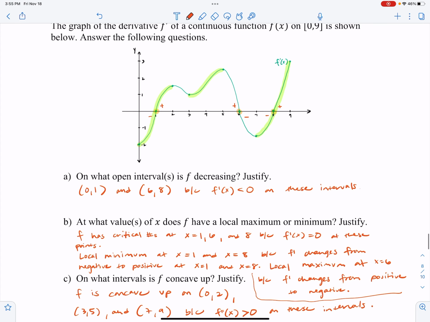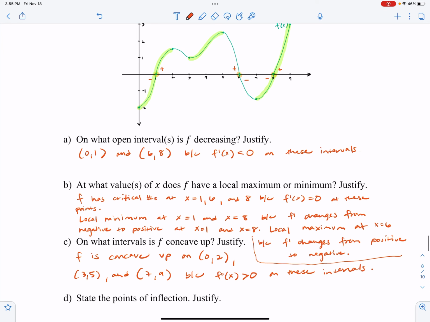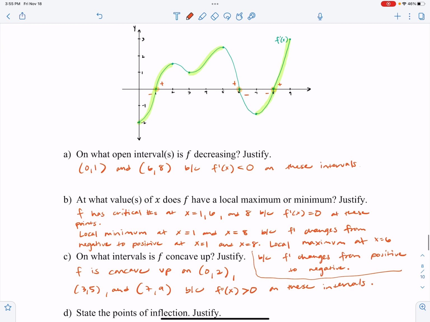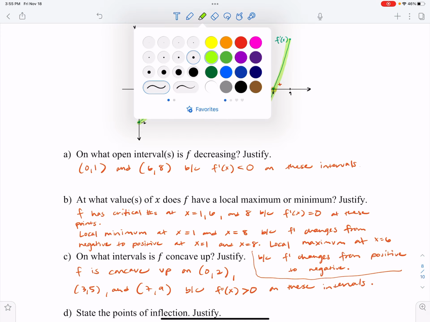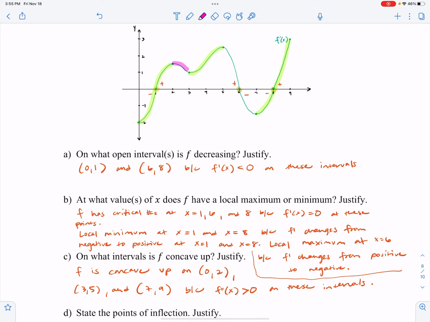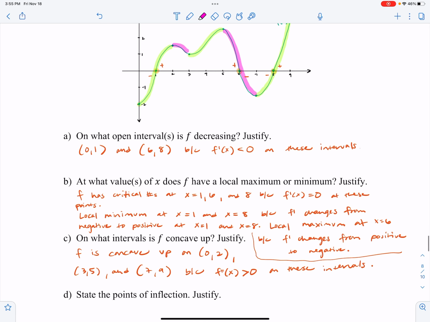Okay, points of inflection. Well, we're able to see where f is concave up right now. So that means these other 2 intervals are where f would be concave down, because that's where f prime is decreasing.